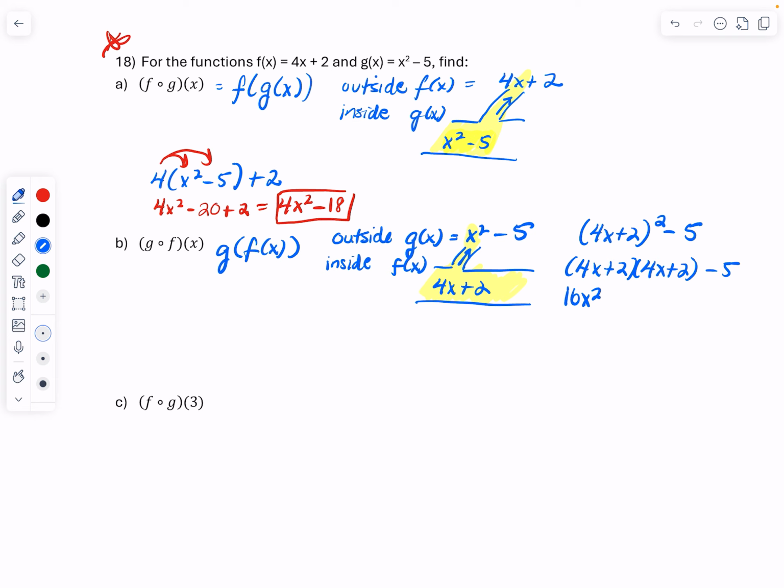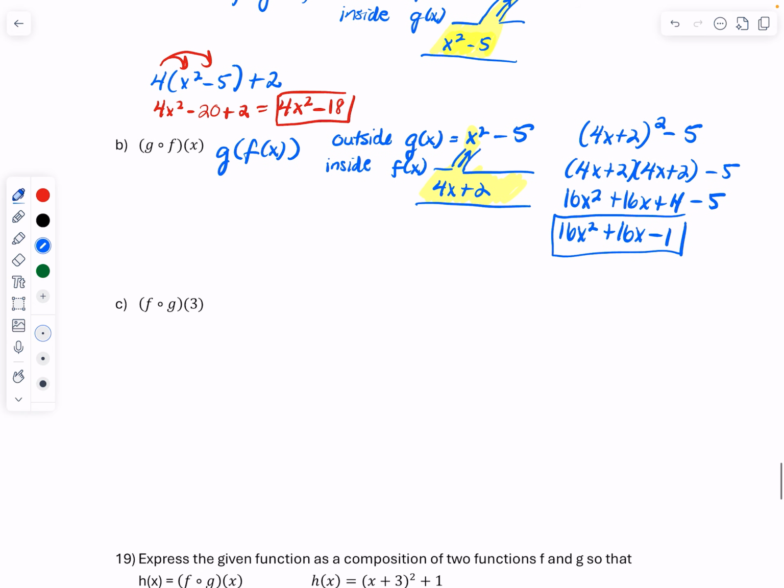Then you multiply 4x times 2, which is 8x, and double it, so plus 16x, and then plus 4. If you don't know the shortcut, go ahead and FOIL it out, and you'll get the same thing. Then I have minus 5. So this becomes 16x squared plus 16x, and then minus 1. So that is g of f at x.